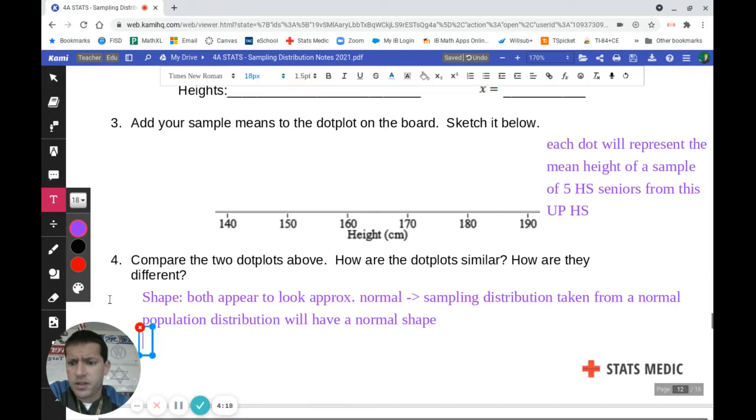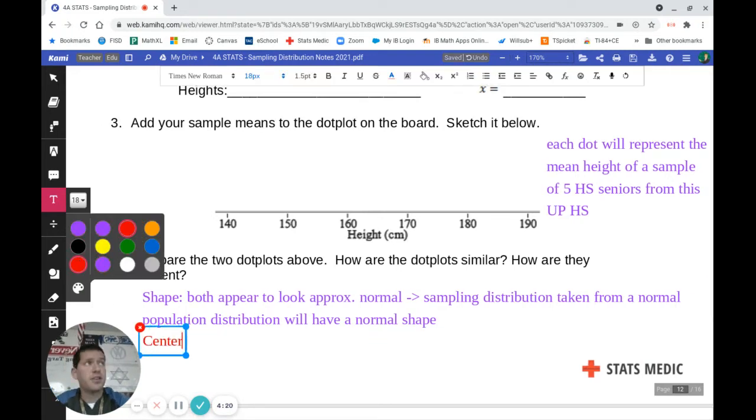We can also discuss the center. The center will appear to be the same.